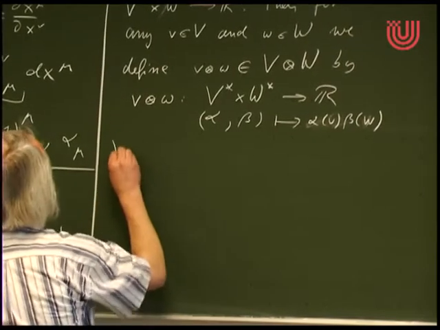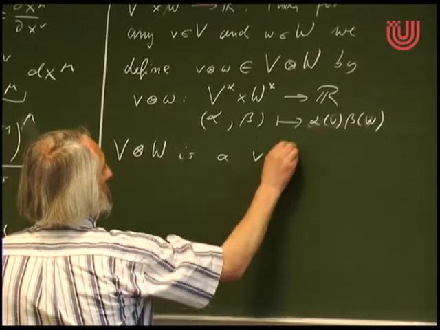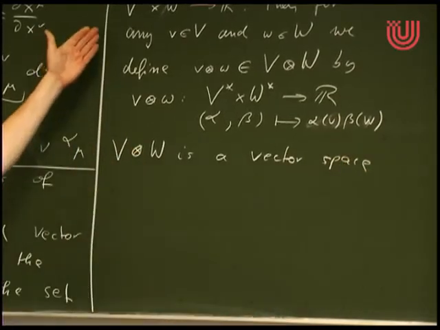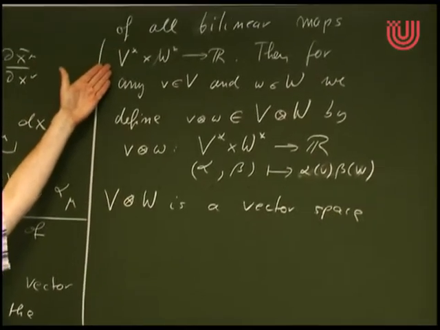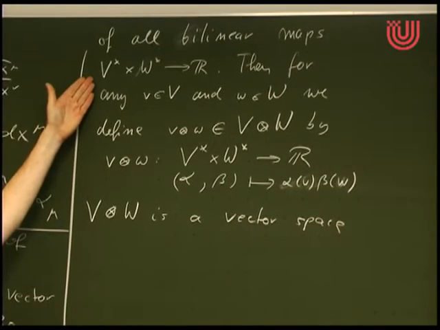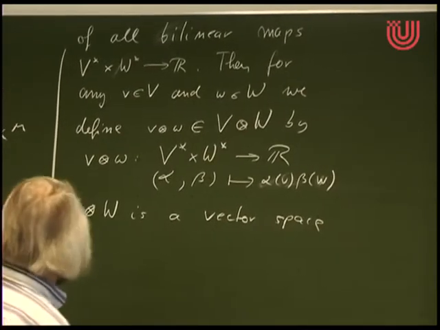So I just tell you V tensor W is a vector space, that's obvious. That you can add such maps together and that you can multiply them with real numbers, and the usual rules hold. That's obvious. But what's the dimension of the space? That's not quite so obvious, but it's not really difficult.